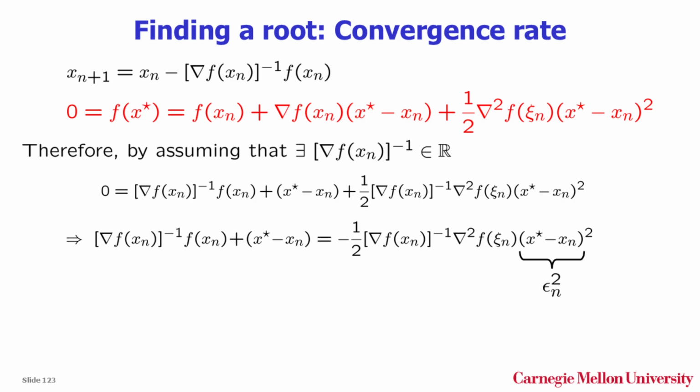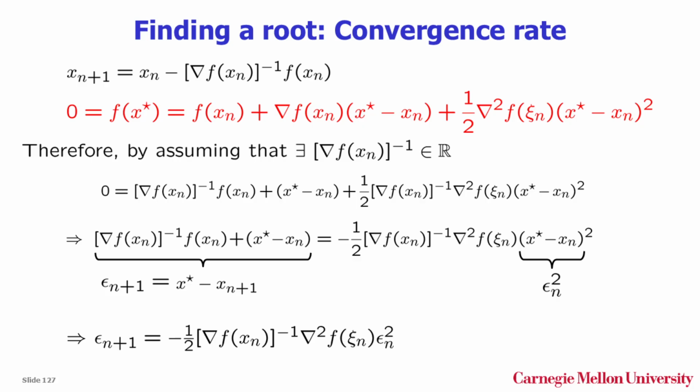Let us now denote the error by epsilon n, and epsilon n equals x star minus xn. Using Newton's update rule, we can express the next error term as epsilon n plus 1 equals x star minus xn plus 1.